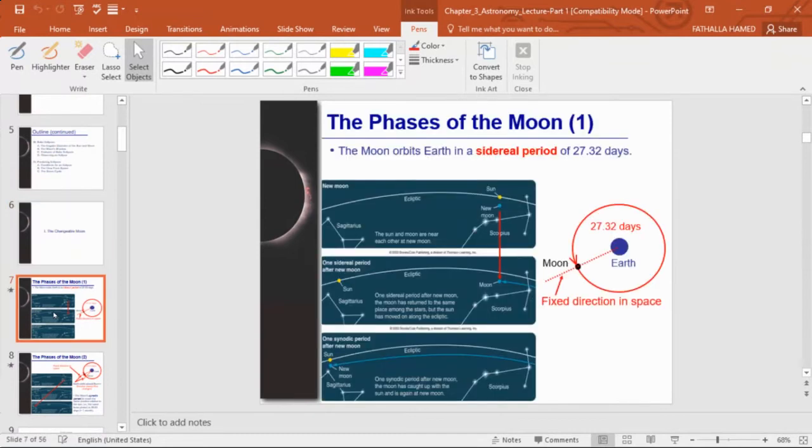So now we're going to look at how the moon orbits the Earth. And in the last lecture, we talked that the Earth basically orbits the sun.